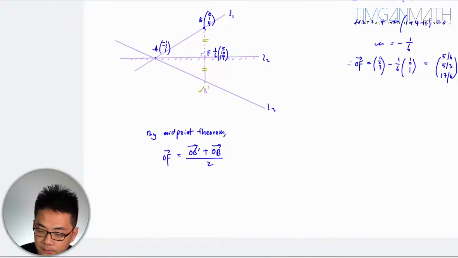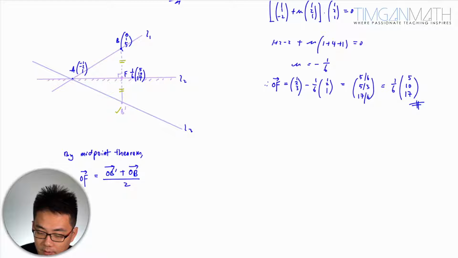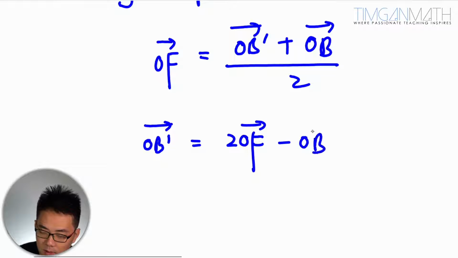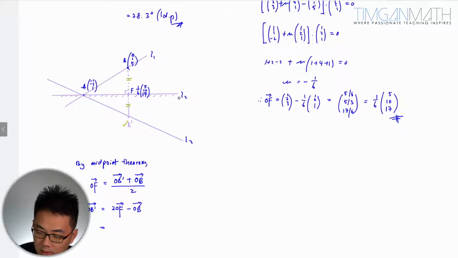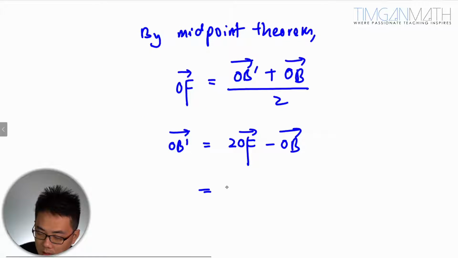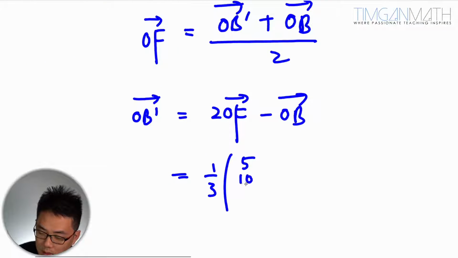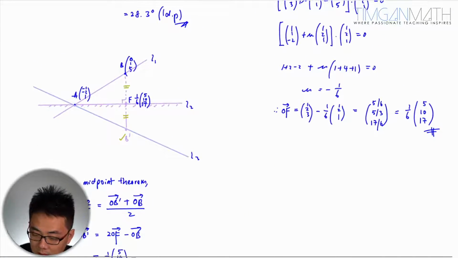So in this case here, B is 0, 1, 5. So OB prime is 2OF minus OB. This will just be 1/3 times 5, 10, 17, minus OB, which is actually 0, 1, 5.